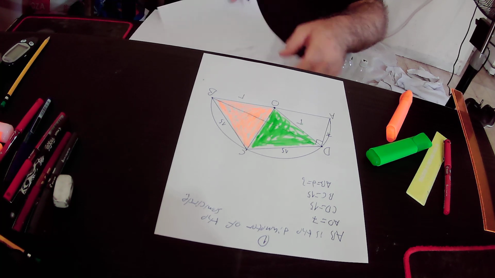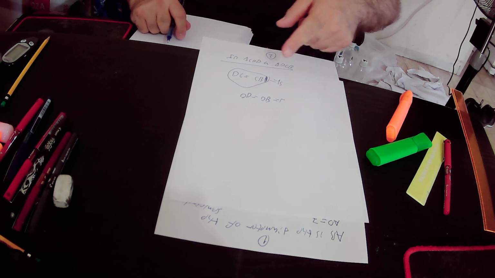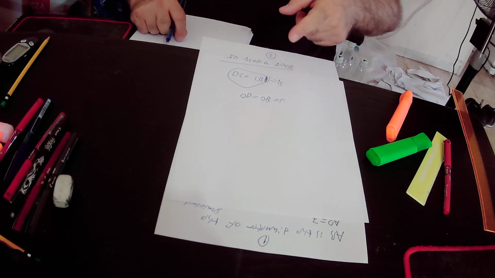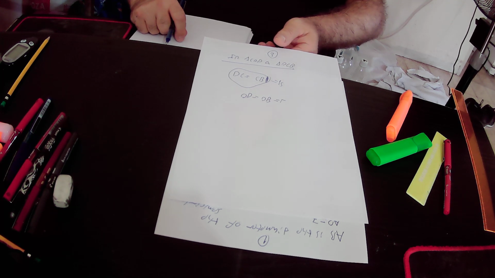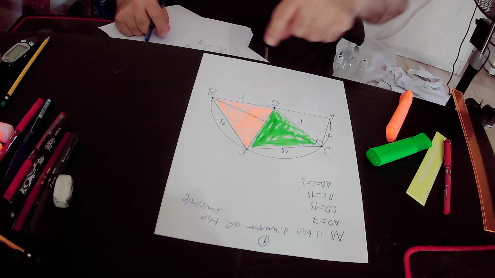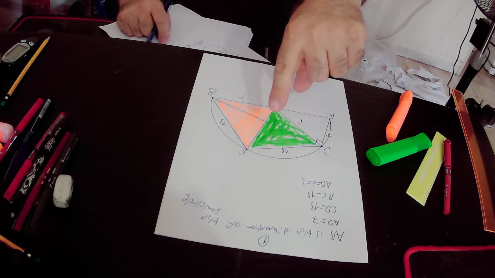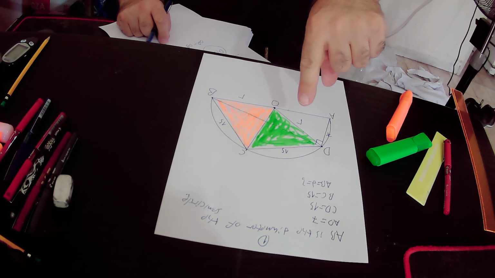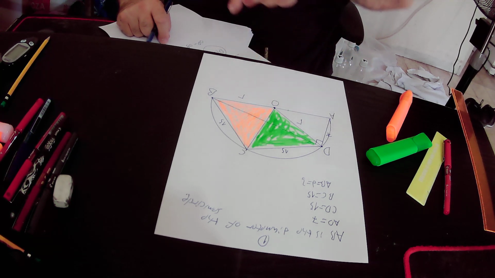Okay, so side OD of the green triangle equals side OB of the orange triangle. Both of those two sides are equal to the radius of this semicircle, and OC is a common side. That is to say, it belongs to the green triangle, and side OC also belongs to the orange triangle.